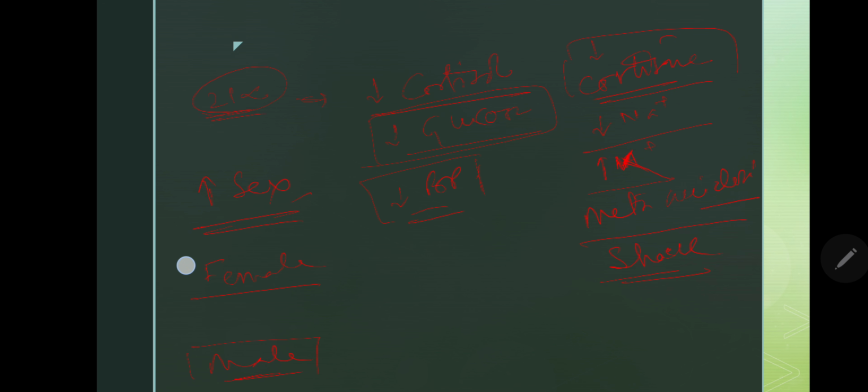But for the male to produce male organs, all the primary male organs need testosterone, and for female the need of testosterone is 0. So there is no testosterone, that is why the female is female, and if testosterone is there then it is male.